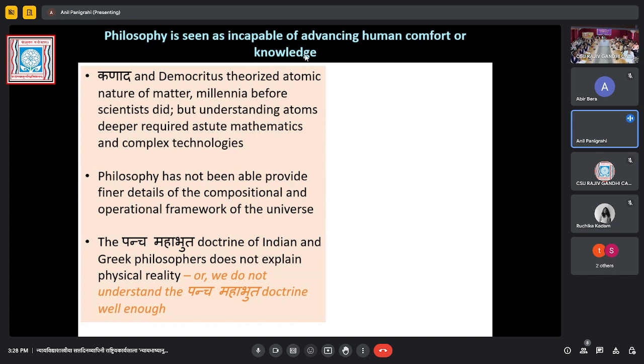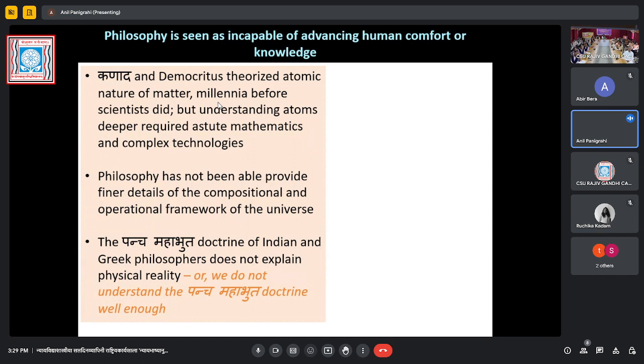So we have definitely contributed something to science, but the atomic concept of Kanada or Democritus is not as refined as we have it today. And to have that level of refinement in the structural insight into the atom, enormous effort would have gone into developing newer devices, newer technologies to be able to know that.